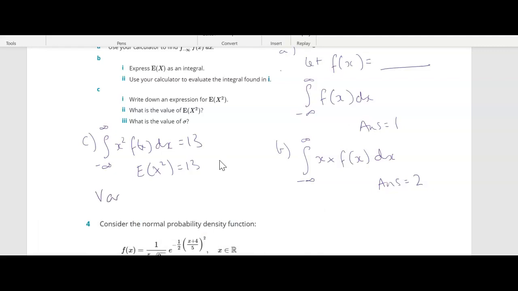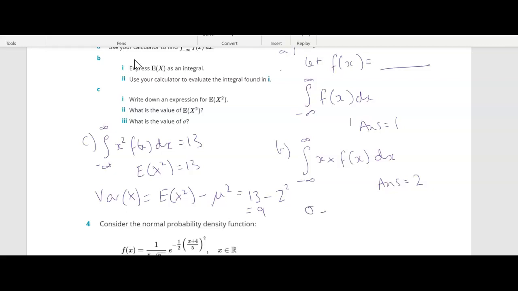So your variance is equal to E of x squared minus the mean squared. So 13 minus your mean squared, which was 2 squared. So that's going to give you 9. So your variance is 9.